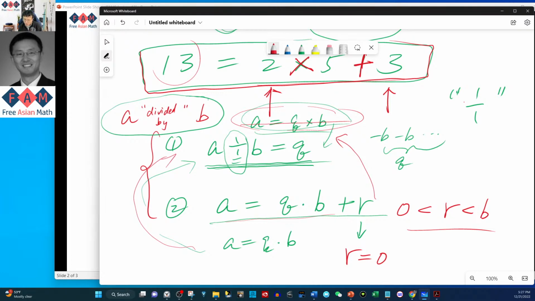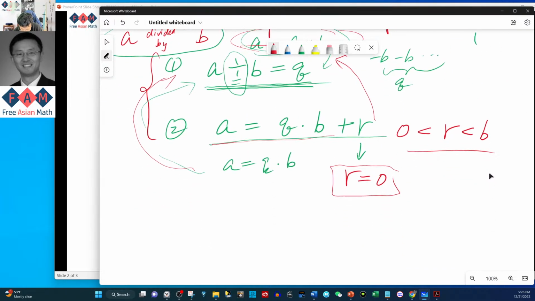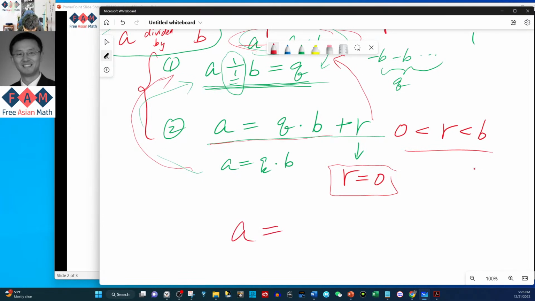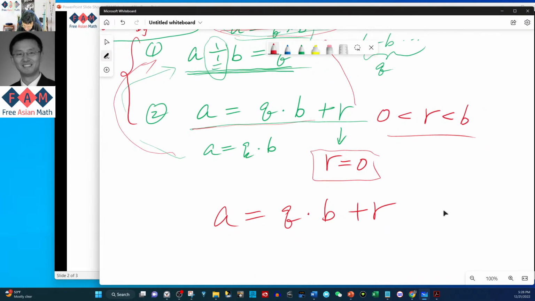So in other words, if we relax this constraint that R has to be greater than 0, if we do allow R to be 0, then we can unify the two situations into one, and this is the general case: A equals Q times B plus R. Now we relax the constraint that R has to be positive in order to include the first case.